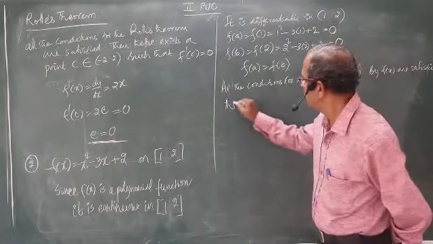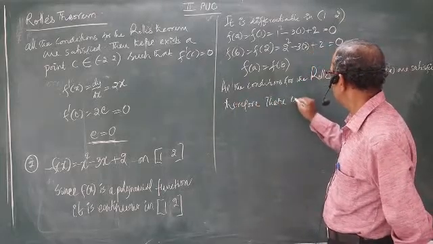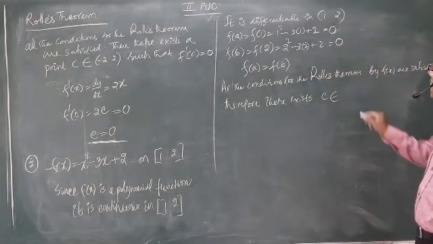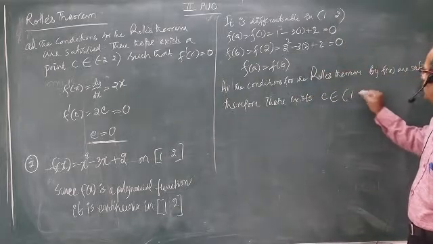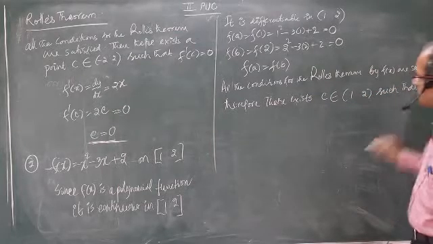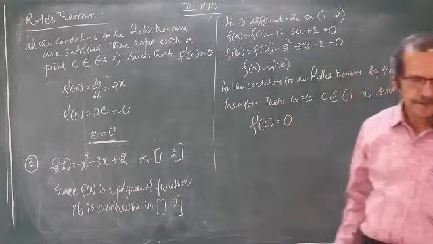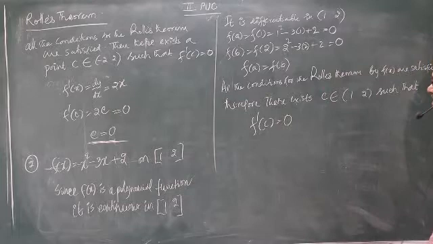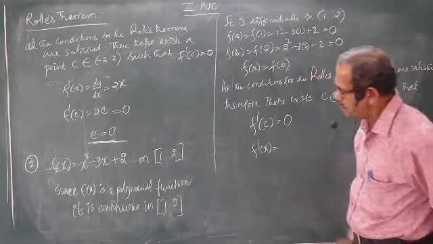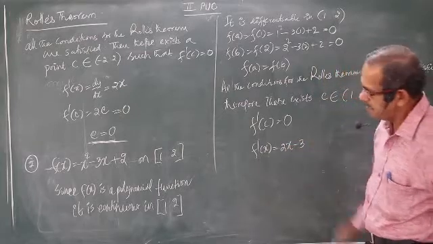Therefore, there exists C in the open interval 1, 2 such that f dash of C is 0. But f dash of x is 2x minus 3.